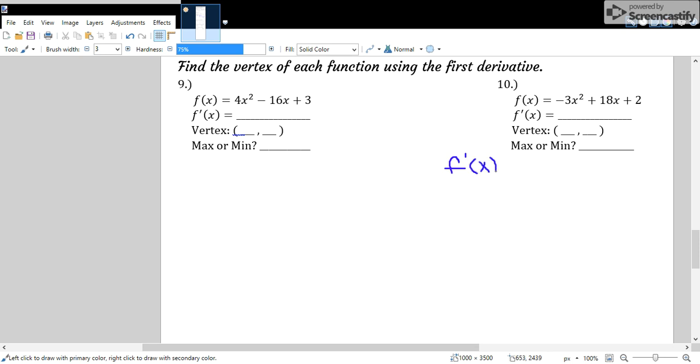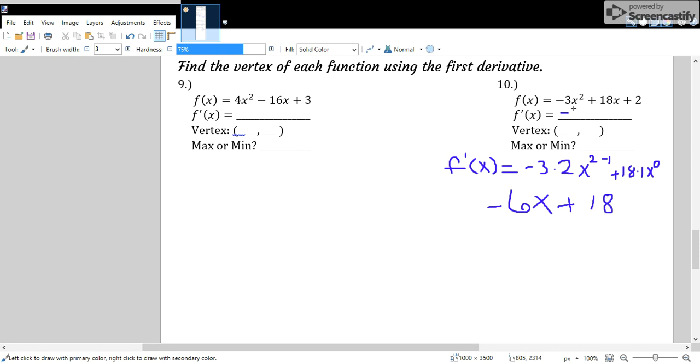So f prime of x equals negative 3 times 2 times x to the 2 minus 1 power plus 18 times 1 times x to the 0th power. And then the 2 is just times 0, it's gone. So negative 3 times 2 is negative 6. We have x to the first power, and then plus 18.